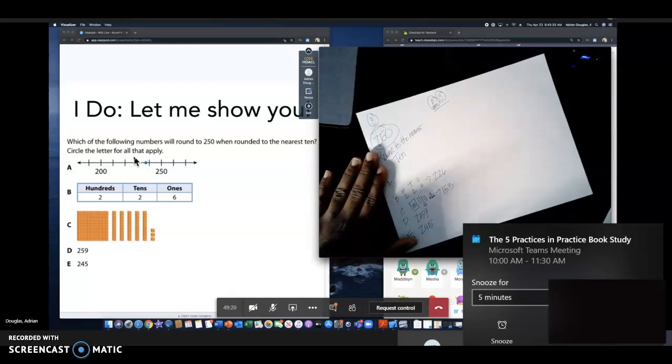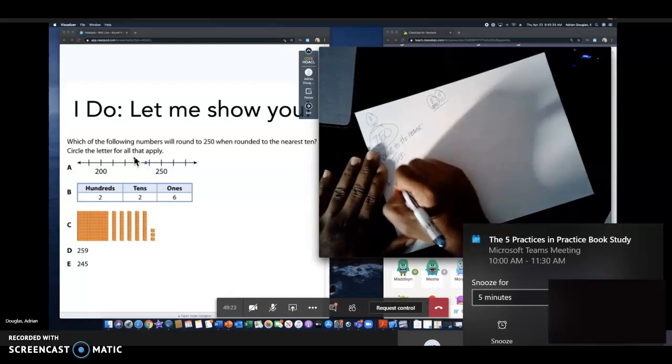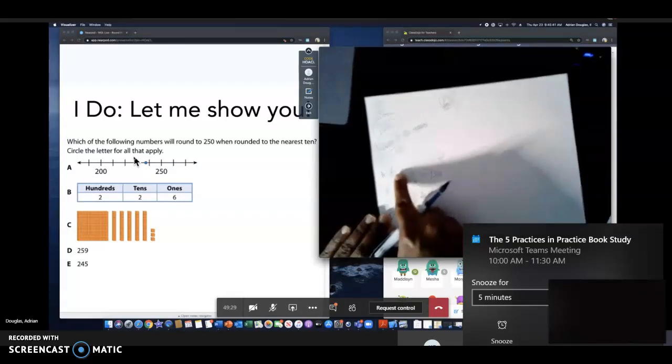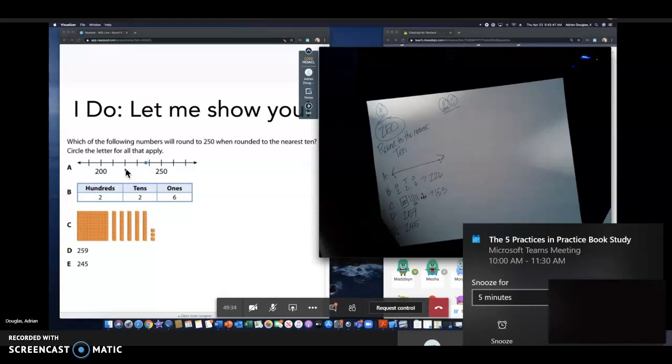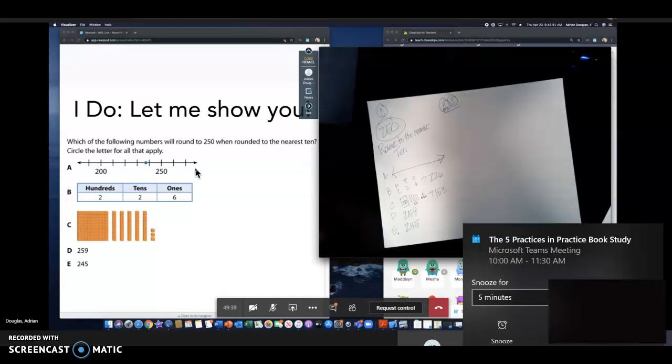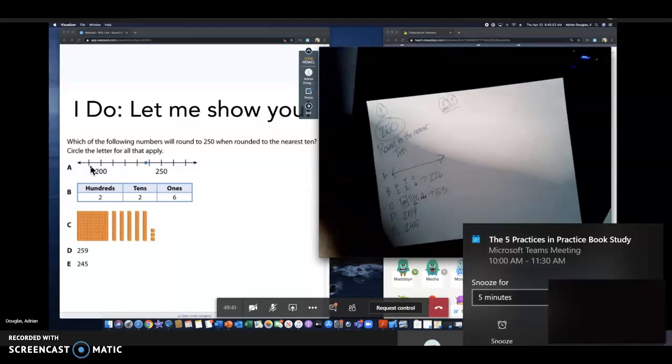Now I'm going to look at this number line diagram. This one is going to require you to pay close attention. If I'm going to draw this number line diagram to solve it, I have to follow carefully what it is actually made of. I can't just start putting numbers randomly on a number line. So I'm going to start by counting the number of ticks from beginning to end: 1, 2, 3, 4, 5, 6, 7, 8, 9.